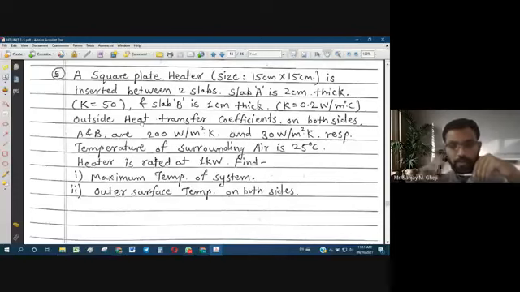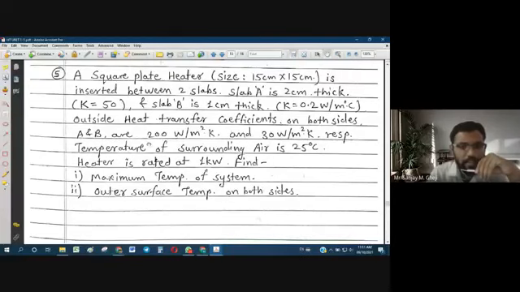This whole composition of three materials, the square plate heater in between, with slab A on one side and slab B on the other side, makes in all three layers, and this complete assembly is exposed to the outside ambient. Heat transfer coefficients on A side and B side are different.